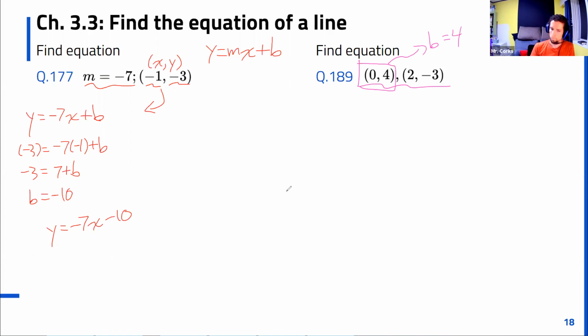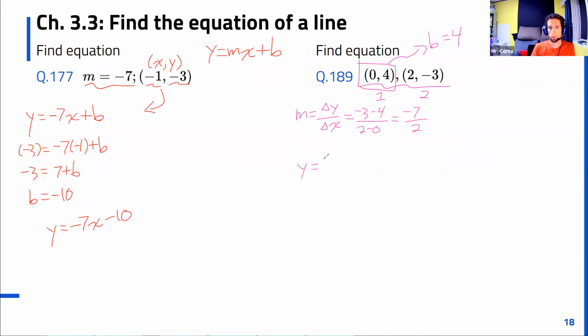y2 minus y1 over x2 minus x1. All right, the exact same formula, delta y over delta x. So let's just call these point 1, point 2: -3 minus 4 over 2 minus 0, that's -7 over 2.